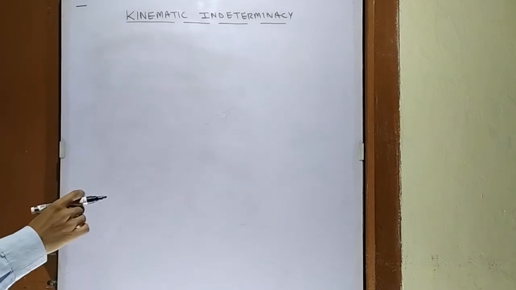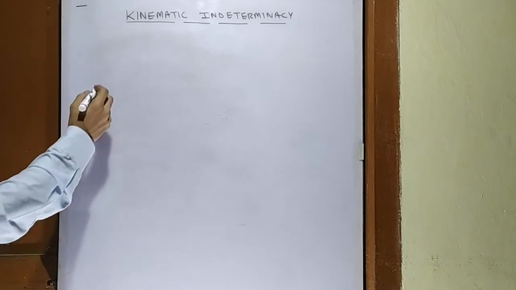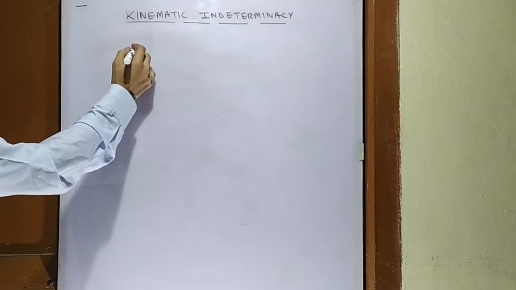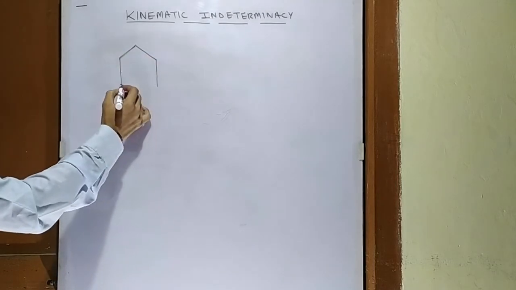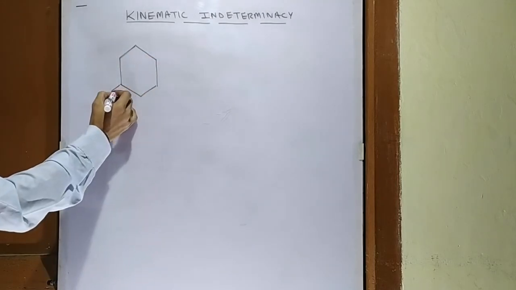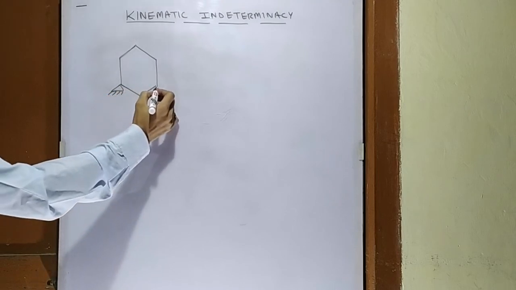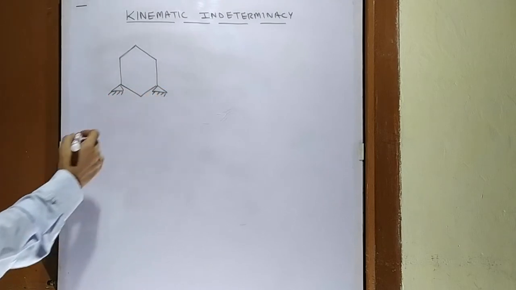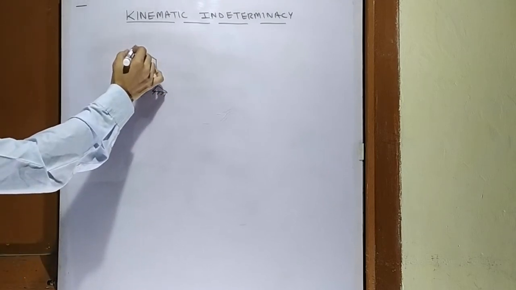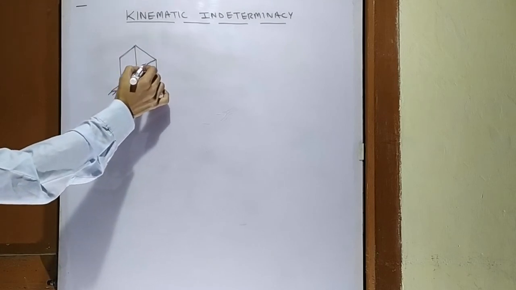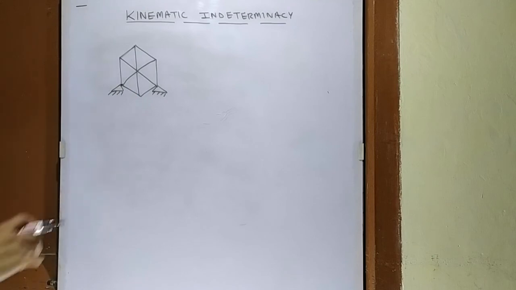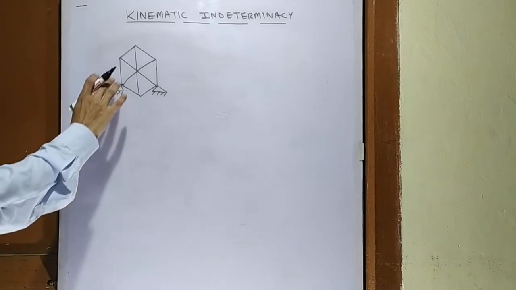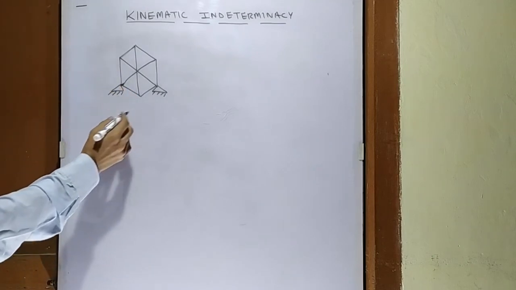Okay, we will just take another example, a very simple example, for practice. So this is another example, and there is a pin support and there is also a pin support, and this member goes like this, this member goes like this, and this member is jointed here. Now this structure will have how many joints?